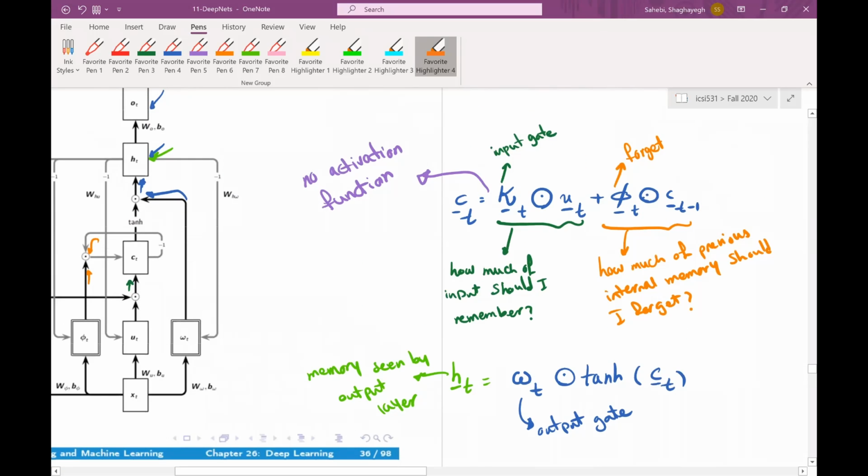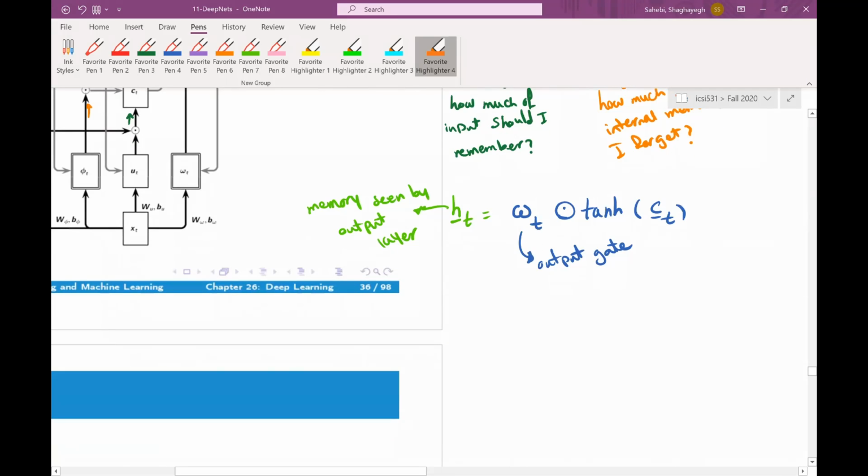And eventually we are going to calculate the output o_t, which is equal to f_o, the activation function for that layer, of W_o transpose h_t plus b_o. Okay. So that's basically the full LSTM with 3 different kinds of gates.